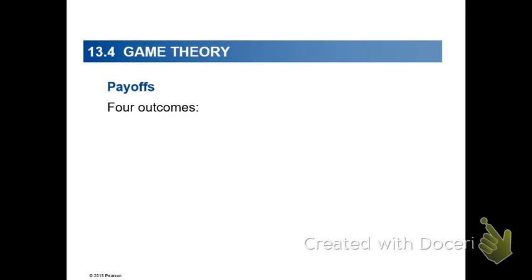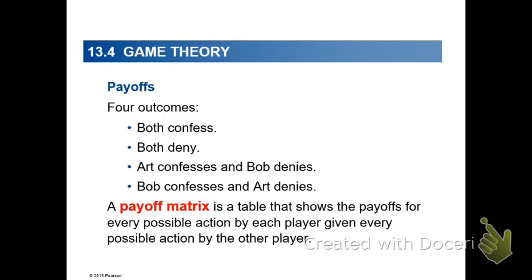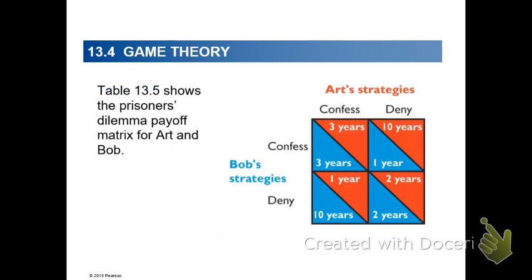So there are basically four outcomes: both confess, both deny, Art confesses and Bob denies, or Bob confesses and Art denies. And we will develop a payoff matrix that will tell us the payoffs to each of the players for each of the actions that they take, given a possible action by the other player.